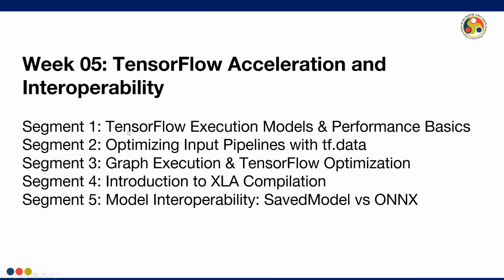So in this TensorFlow execution model, obviously we will first talk about TensorFlow and the different performance basics that we need to take care of, because TensorFlow is an end-to-end framework. In segment 2 we will proceed with optimizing the input pipeline, because optimization of the input pipeline is most important. As in PyTorch, we have seen the data pipeline: input, preprocess, train, load, and essentially that will repeat.